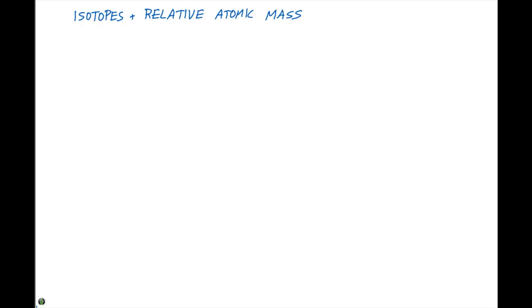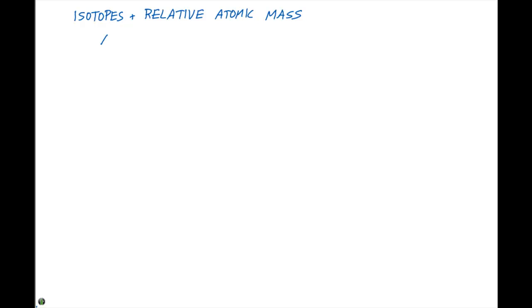In the last video, we discussed what happens when we have an unequal number of protons and electrons, and we called those atomic particles ions. Now we're going to look at what happens when atoms can differ in mass by varying the number of neutrons that they contain.